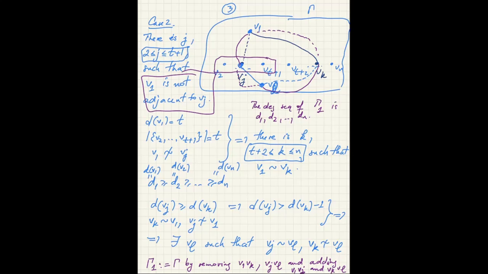We do this argument of case 2 again, and we make vertex v1 adjacent to more vertices in that segment of t vertices. Because the graph is finite, in a finite number of steps we are going to end up with a graph that has the same degree sequence as the one we started with, and is a graph of case 1. So v1 is adjacent to every vertex in the set v2 up to vt plus 1, and then we delete v1 and we are done.